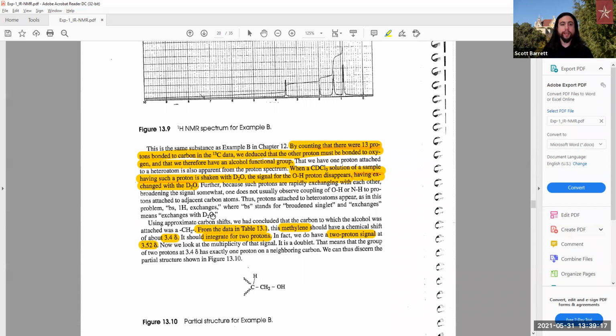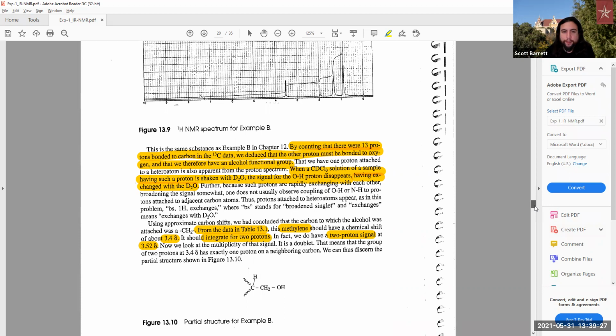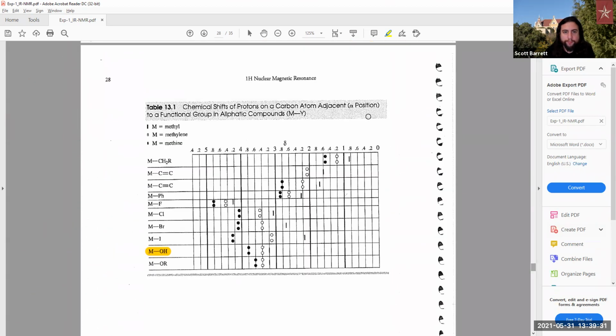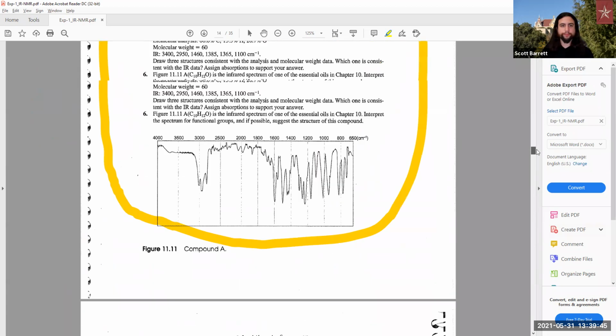However, if we look down at the data in table 13.1, and we'll jump down there in a second, we would see that methylene should have a signal shift of about 3.4 ppm. So looking down here at 13.1, the 2 circled methylene at about 3.4, we should have a little peak for a methylene group.